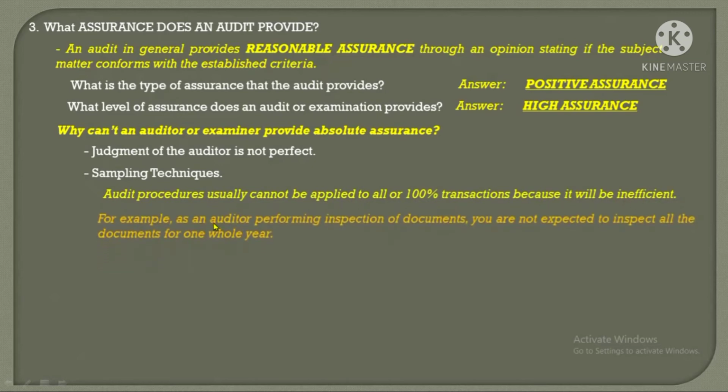For example, if you are the auditor performing inspection of documents, you are not expected to inspect all the documents for one whole year. You just need to select samples from the 100% population. Another reason is fatigue and stress. Those are some of the reasons why the auditors or practitioners cannot give absolute assurance.